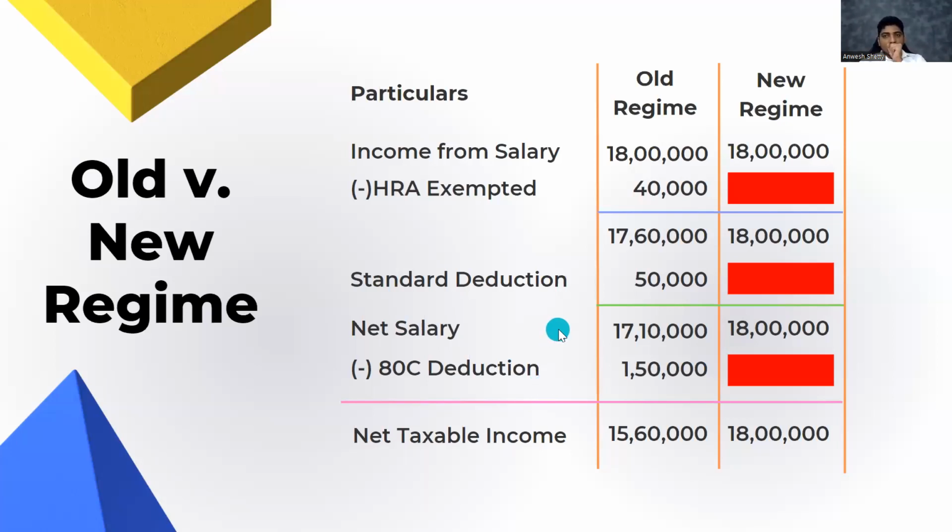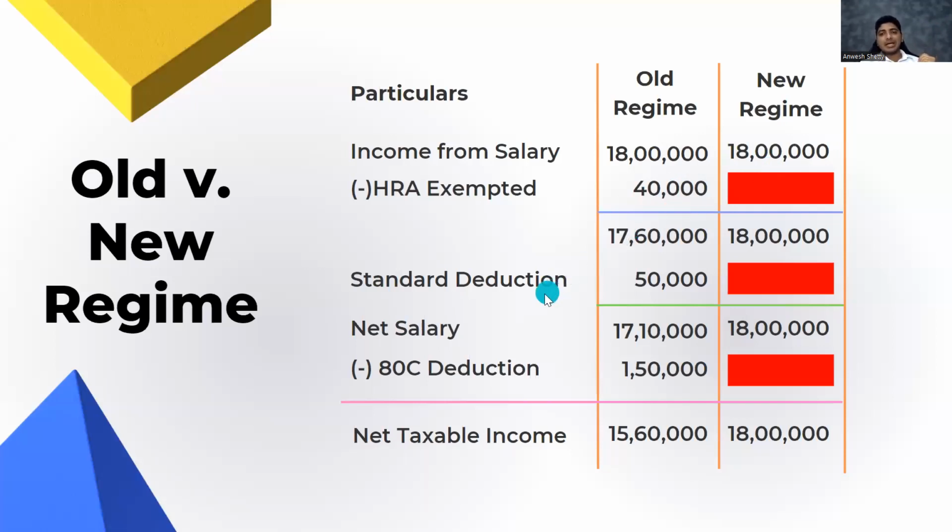Let us say my salary is 18 lakh rupees, both under the old regime and the new regime. But in the old regime, I get to claim my HRA exemption. Let us say my HRA exemption is 40,000 rupees. I get to claim it in the old regime, but in the new regime, I cannot claim the 40,000 exemption.